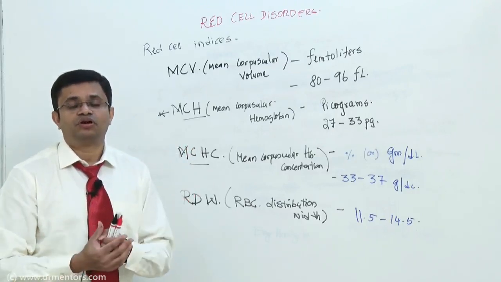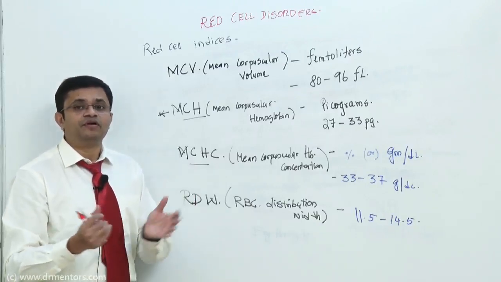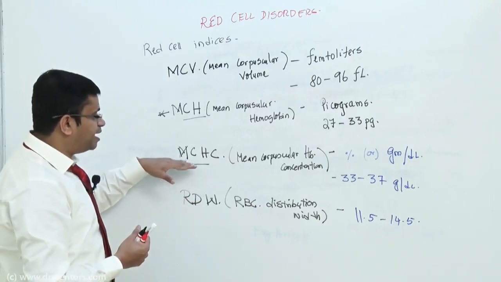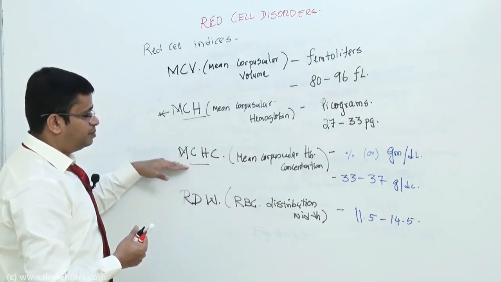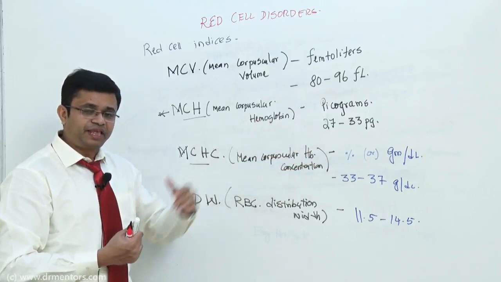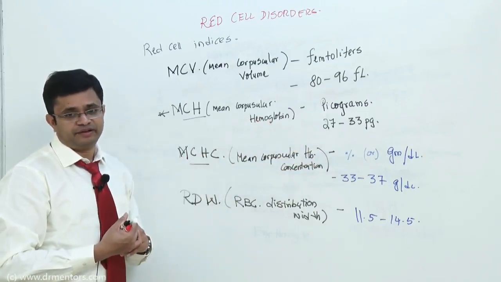That way you do not get any false positive or false negative values. So mean corpuscular hemoglobin concentration means the average concentration of hemoglobin in a given packed volume of RBCs, measured in grams per deciliter, and the range is 33 to 37 grams per deciliter.